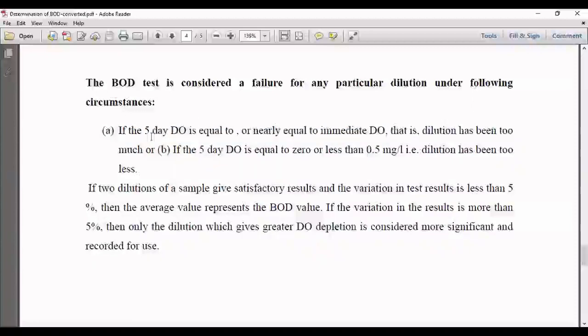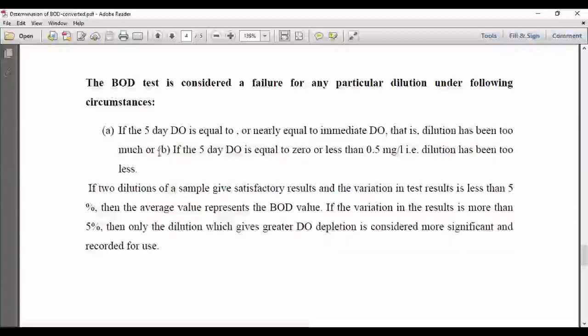For example, if my immediate DO value is 7 mg per liter, and after 5 days of incubation I am still getting a final DO of 7 mg per liter, that means zero DO depletion has occurred, and the BOD experiment is a failure. Why did this happen? Because the dilution that we have adopted is very high, and because of that, no biological activity took place and no DO depletion took place, right?